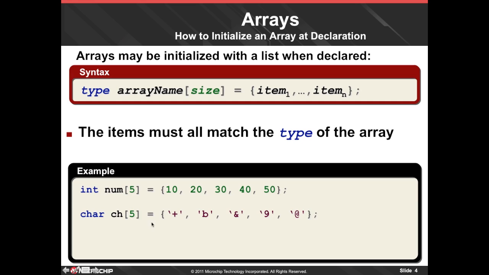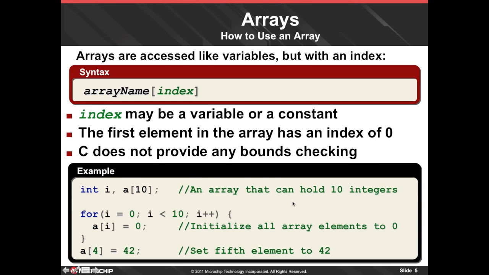Same with character. The little apostrophe on either side of that character denotes it as a character. Characters can be letters, numbers, characters from the keyboard, all separated by a comma, and again, it matches the number of elements that we have here, and it matches the type, which is char. You can see it's all enclosed in those curly braces.